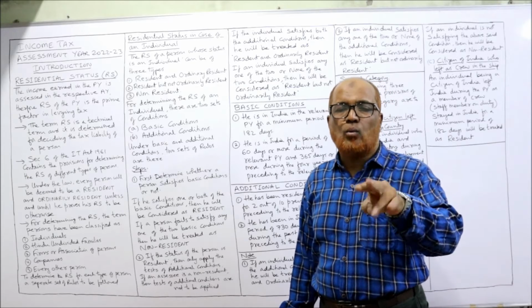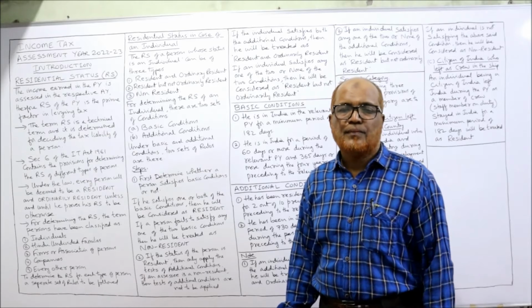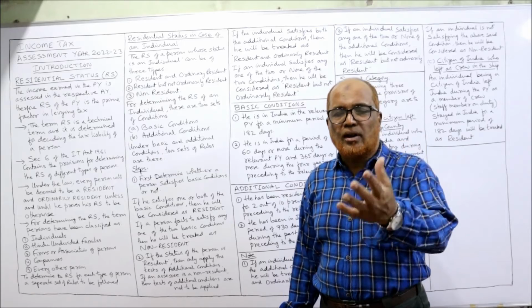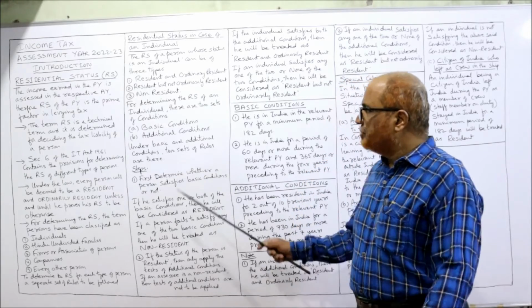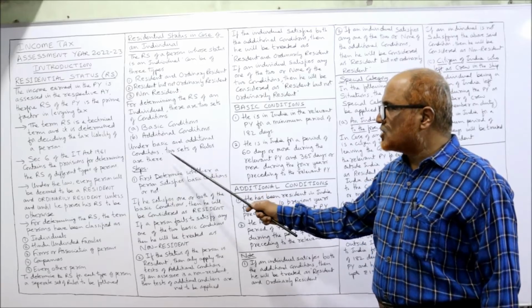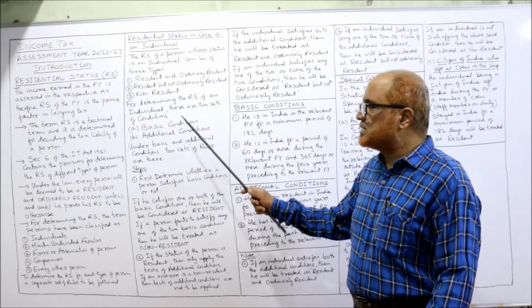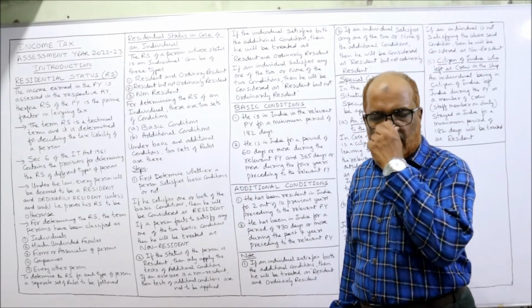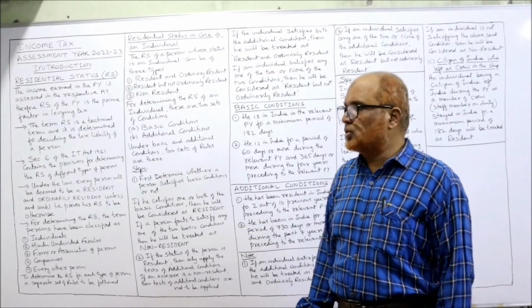Now we have to check whether conditions are satisfied by the individual or not. Then only we can say whether he is resident and ordinarily resident, or resident but not ordinarily resident, or non-resident. Now, under basic and additional conditions, 2 sets of rules are there. That means 2 rules are there in basic conditions and 2 rules are there in additional conditions. And all these rules have to be satisfied by the individual.